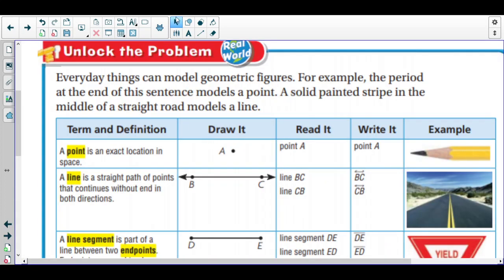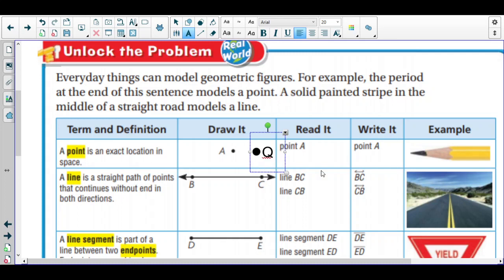So each little point that we would make is actually a named point. So we can make a point right here and say that that could be point Q.